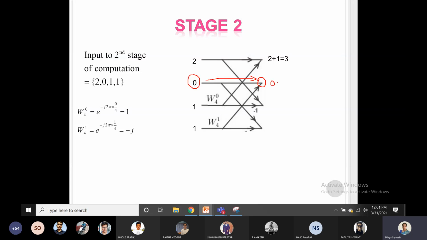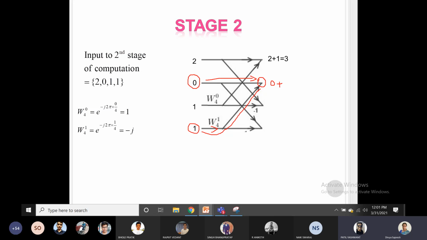Now that is the first terminal. Now you have to take the input coming from the second terminal. So from here, this is the path you have to track. Can you tell me what is the input coming from this path? There is a 1. 1 is the input provided here. This has to be multiplied first with W4 raised to 1.